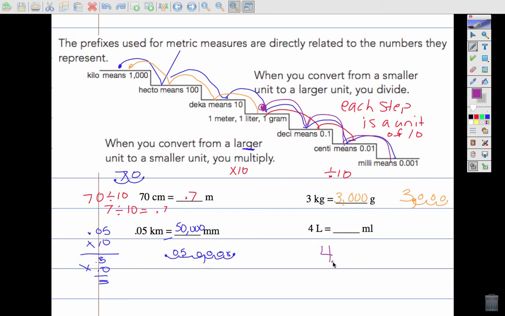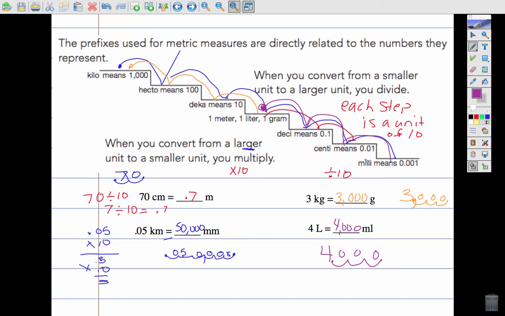So I went 1, 2, 3 steps. So I'm going to go over 3 spots. 1, 2, 3. So I'm going to have 4,000 milliliters.